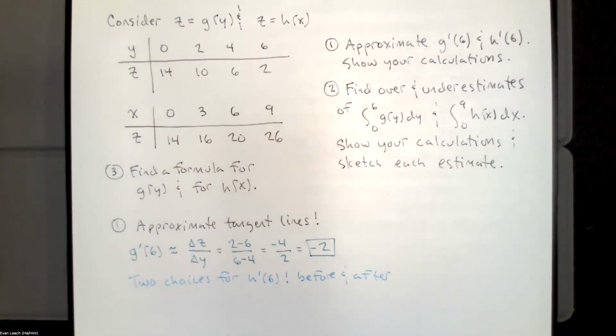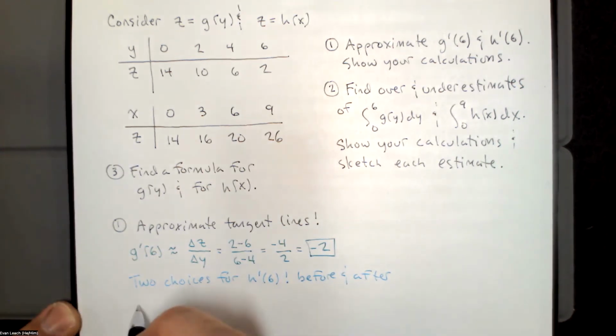So I could do a before approximation. What was happening before 6? I still just want to do change in z divided by change in x.